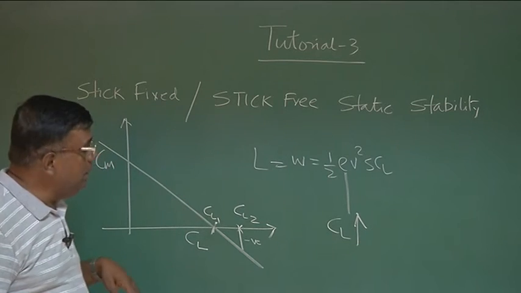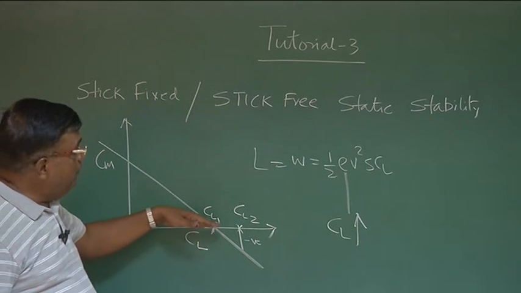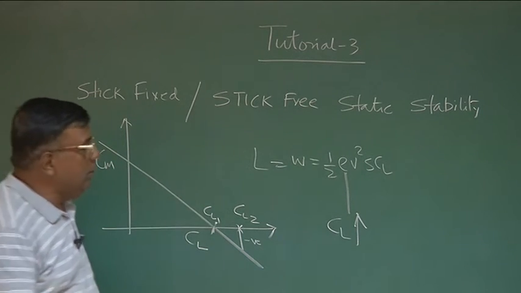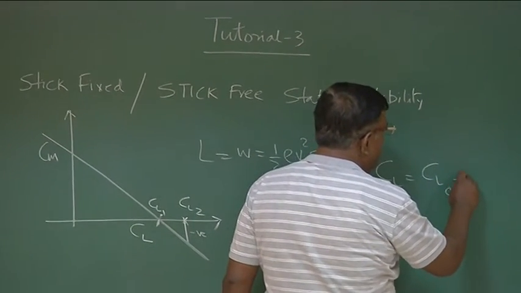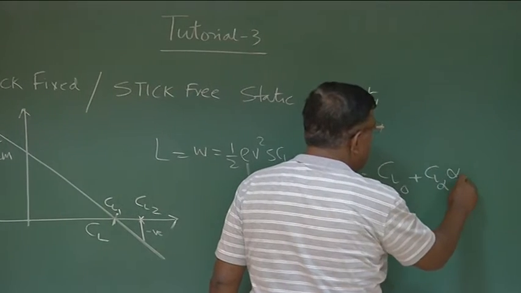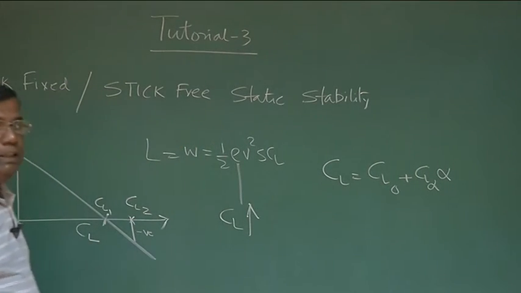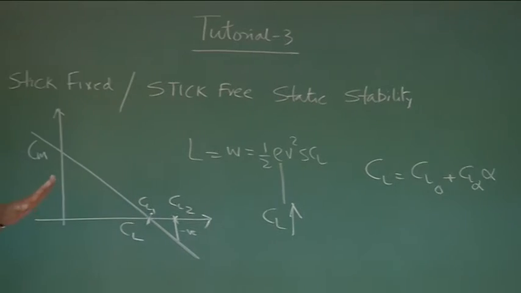That is the confusion. The next question comes: how do you increase CL? You know, CL is nothing but CL naught plus CL alpha into alpha. That means if I want to change CL, I have to increase the angle of attack.